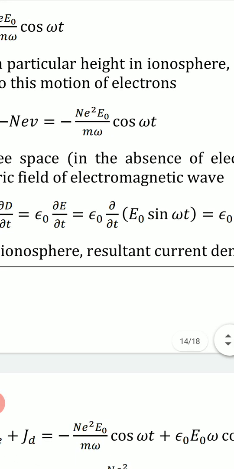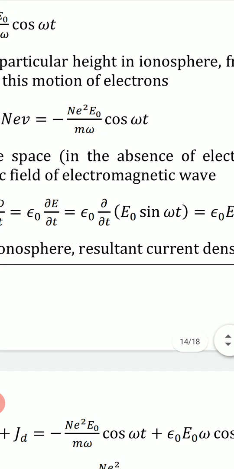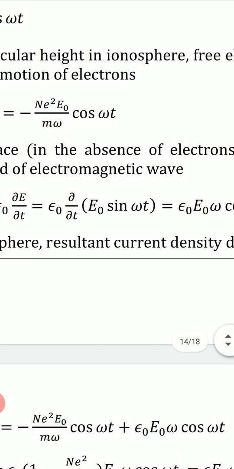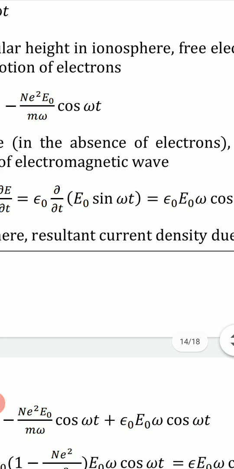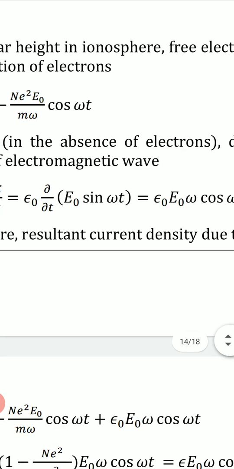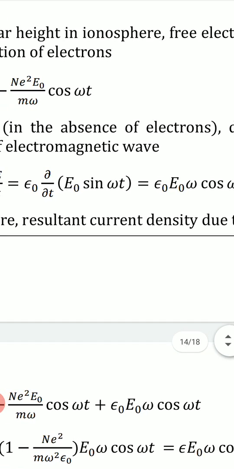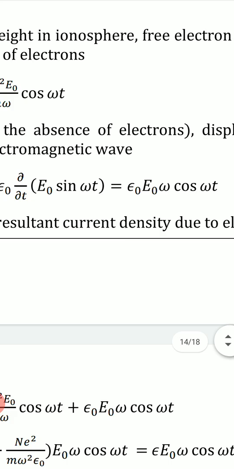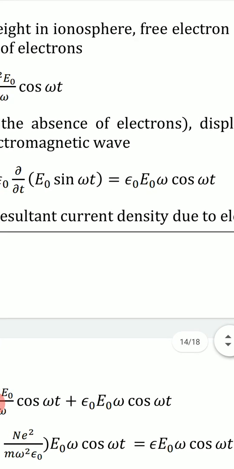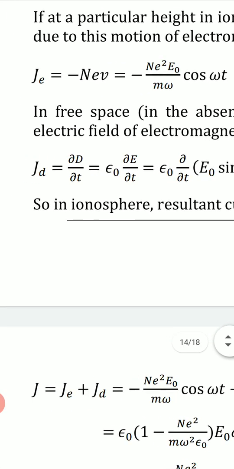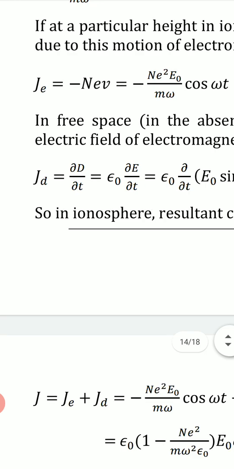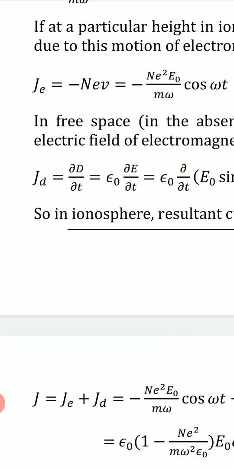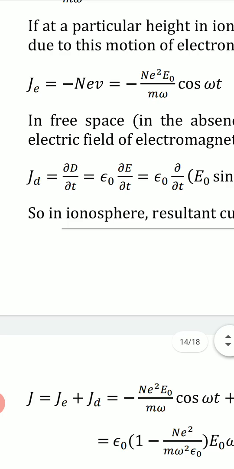Now put the value of E, which is E0 sin omega t, then this current density Jd becomes epsilon 0 E0 omega cos omega t. Differentiation of sin omega t is omega cos omega t. So we have these two current densities, Je and Jd. Je is current density due to motion of electrons, and Jd is displacement current density.